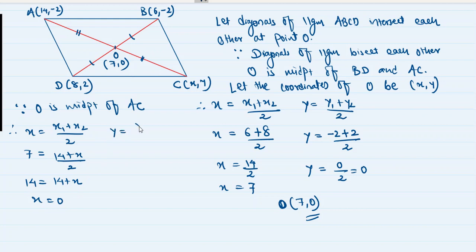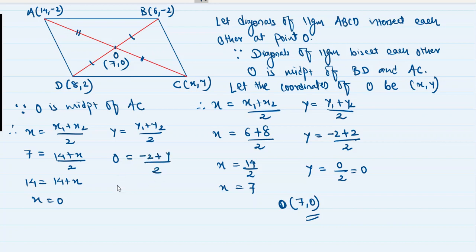So y is equal to y1 plus y2 by 2. Sorry, y is 0, not minus 2. y1 is minus 2, y2 is unknown, by 2.